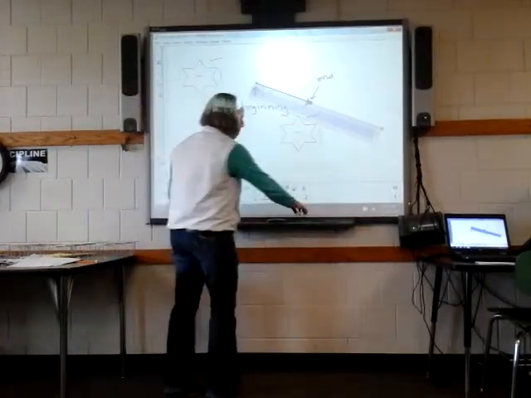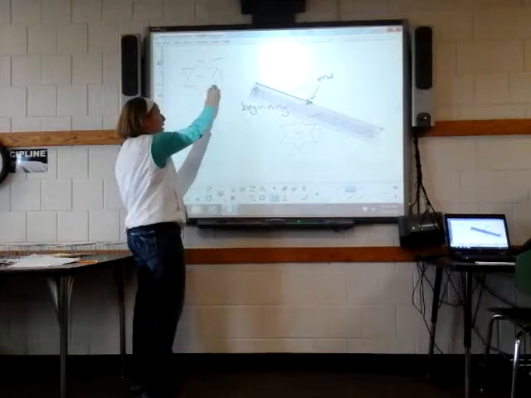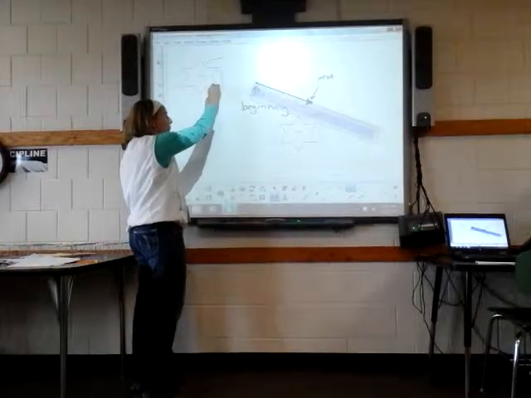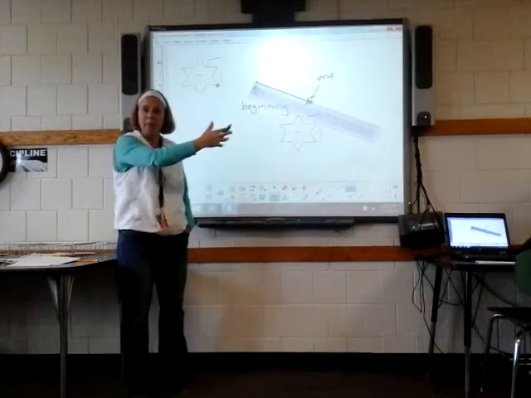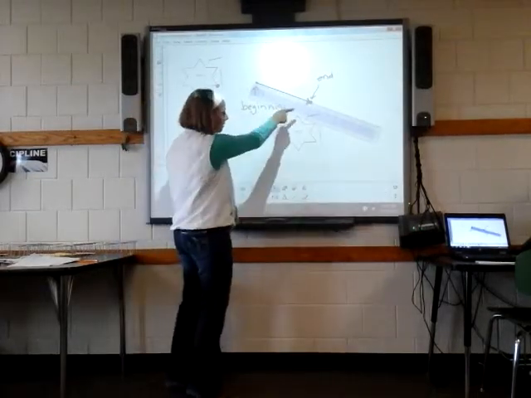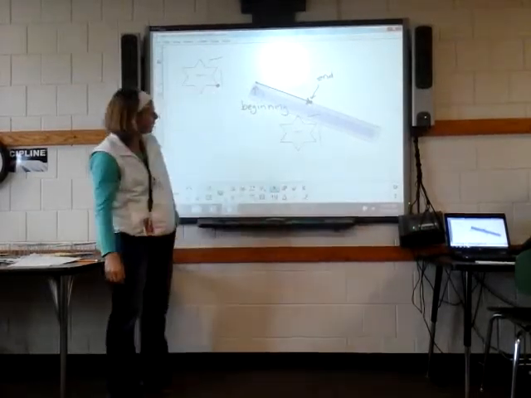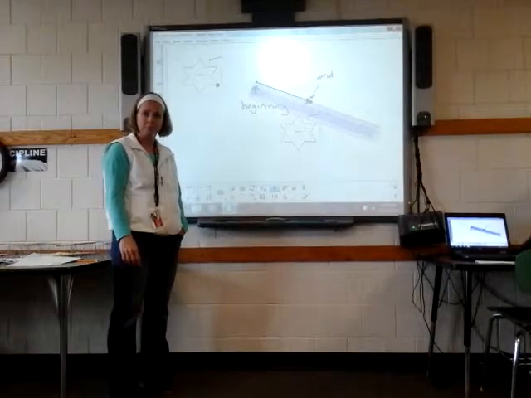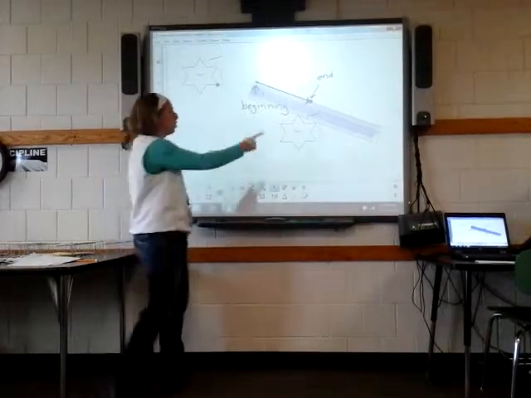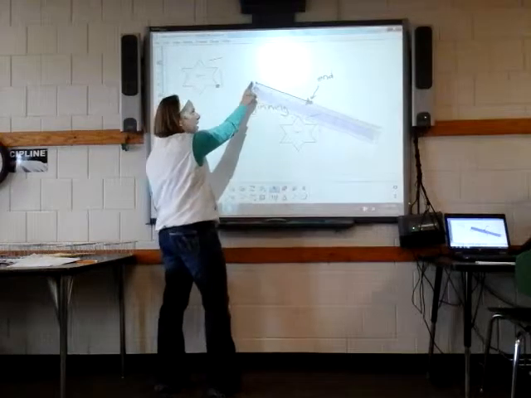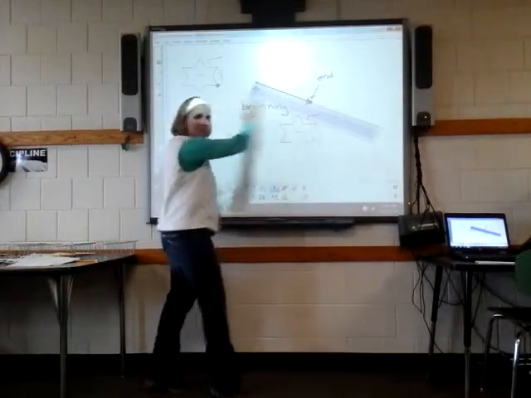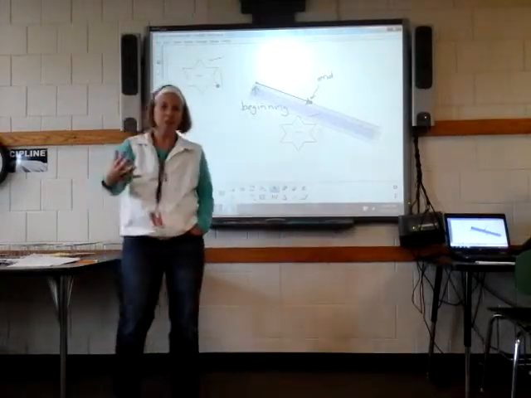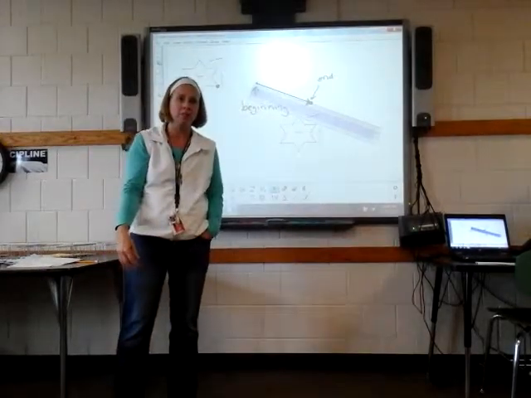Which means if I pick a point on my original figure, its image is going to happen 6 3/4 centimeters away. So my vector tells me the angle at which to move, the beginning, the end, the distance, and the direction. Vectors have a lot of information in them.